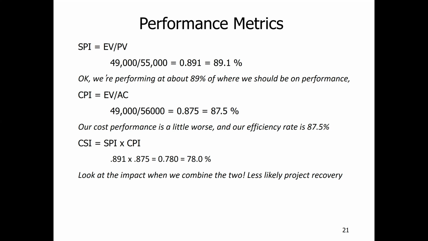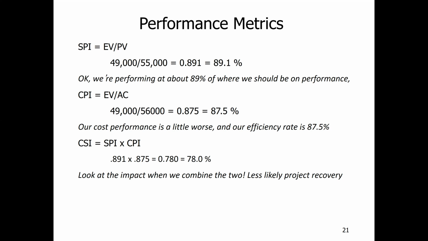When we multiply both, CSI is SPI multiplied by CPI. Because both values are below 1, our value drops more, from 89.1% and 87.5%.